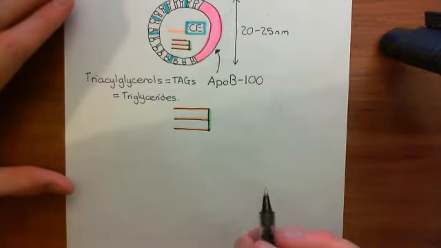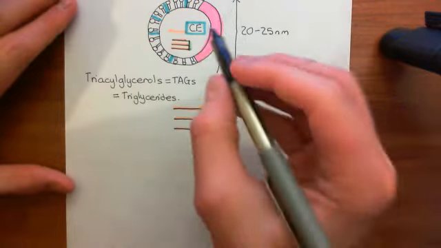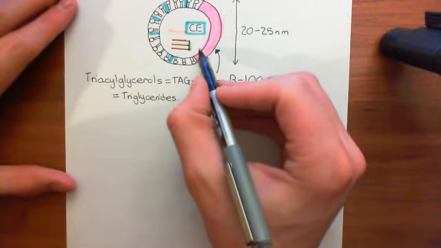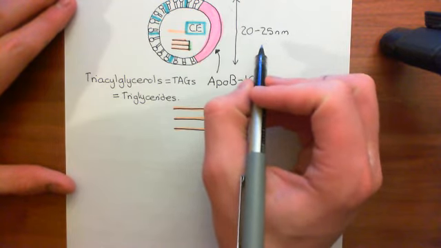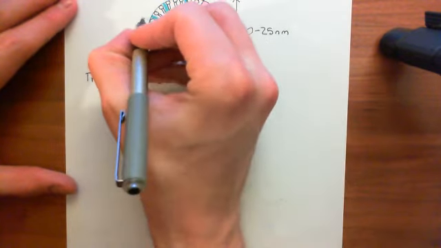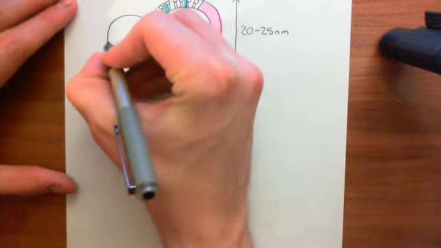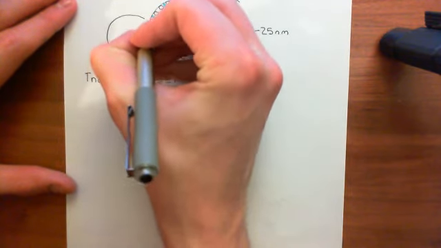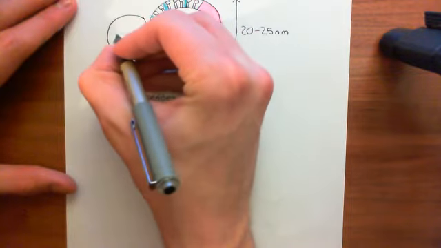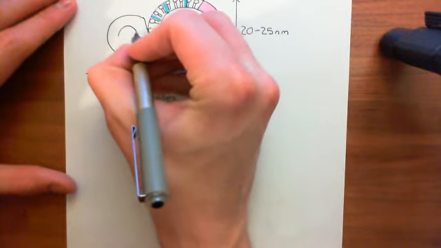And now what's going to happen basically is the low-density lipoprotein is going to take cholesterol esters from the high-density lipoprotein, okay, and in exchange it will give the high-density lipoprotein a triacylglycerol. So here we're drawing the high-density lipoprotein.